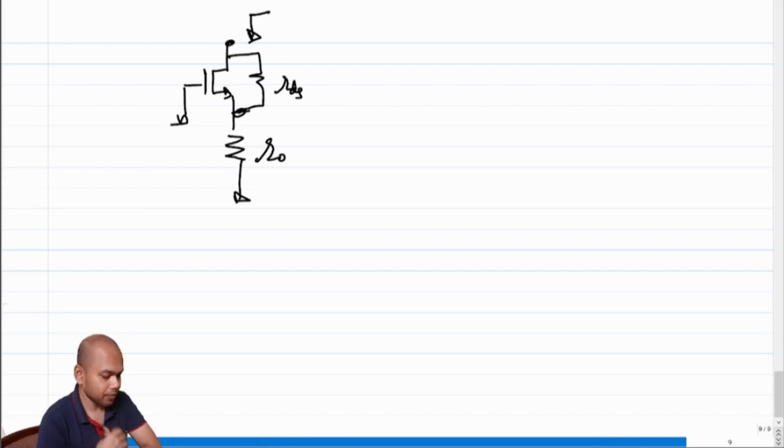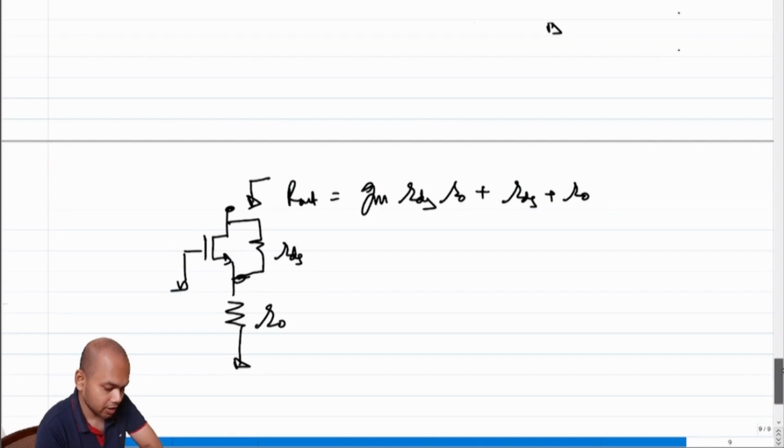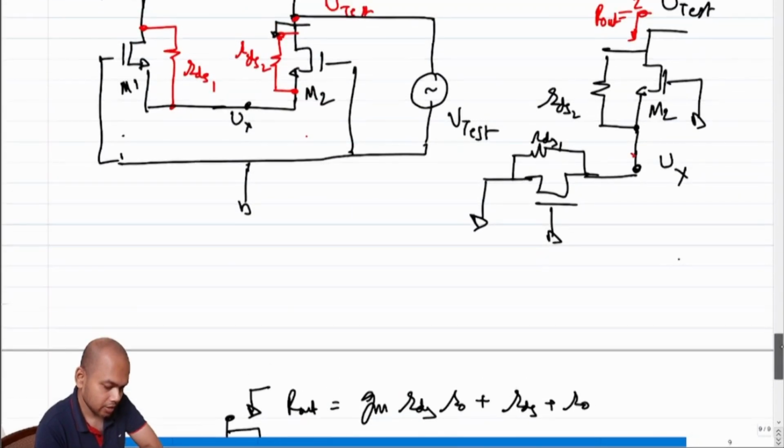We have, when we were doing cascode current mirrors and cascode configurations. We found the output resistance, and it was Rout equals gm times RDS times R0, plus RDS plus R0. Do you see a resemblance of this structure with this structure?